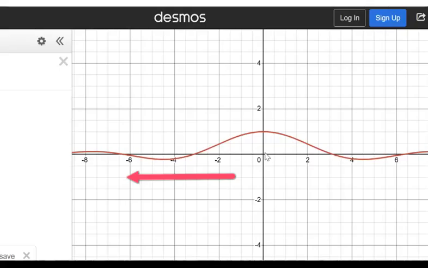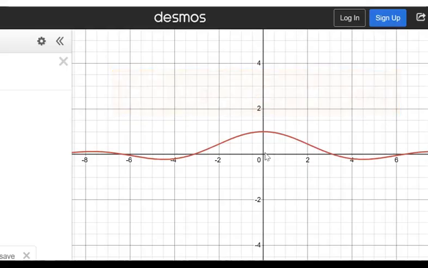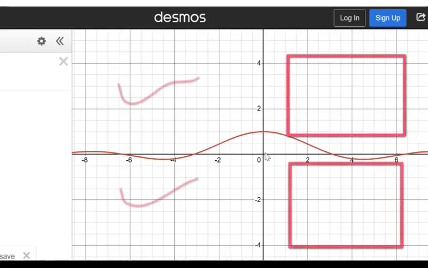So when you replace your x with minus x, it's like folding your paper with this line as the axis. So if you fold from this axis, this quadrant will overlap with these two.